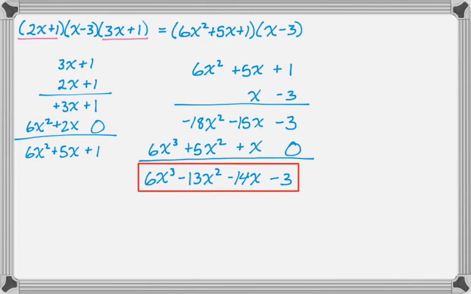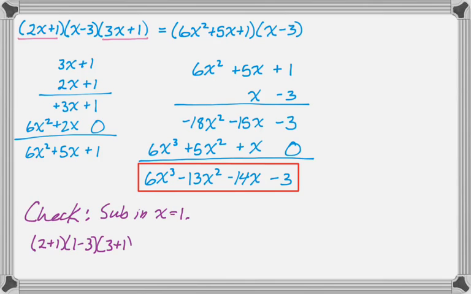And then we want to check it by picking a convenient value of x. In this case, x equals 1 works. If x equals 1 works, you should always use that. Actually, 0 is the optimal value to use, but for whatever reason, I chose not to do that here. So if I substitute in 1, I get 2 plus 1 times 1 minus 3 times 3 plus 1, which is 3 times -2 times 4, which is -24.